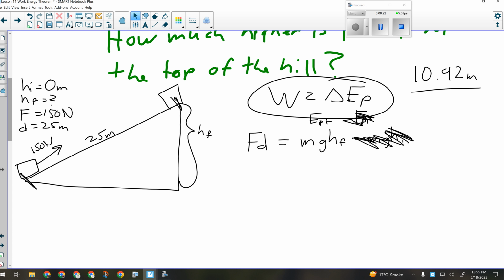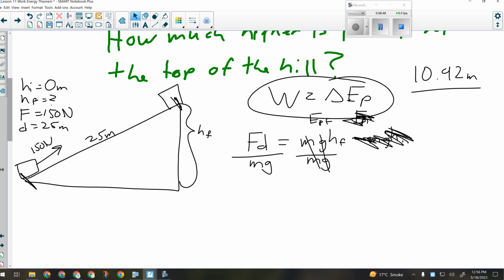Since the question wants me to find h final, I just have to move the m and the g over to the other side. How do I do that? Divide, because right now I'm multiplying them all together. So I would divide both sides by m times g. That'll cancel it from that side and bring it over here under F d.